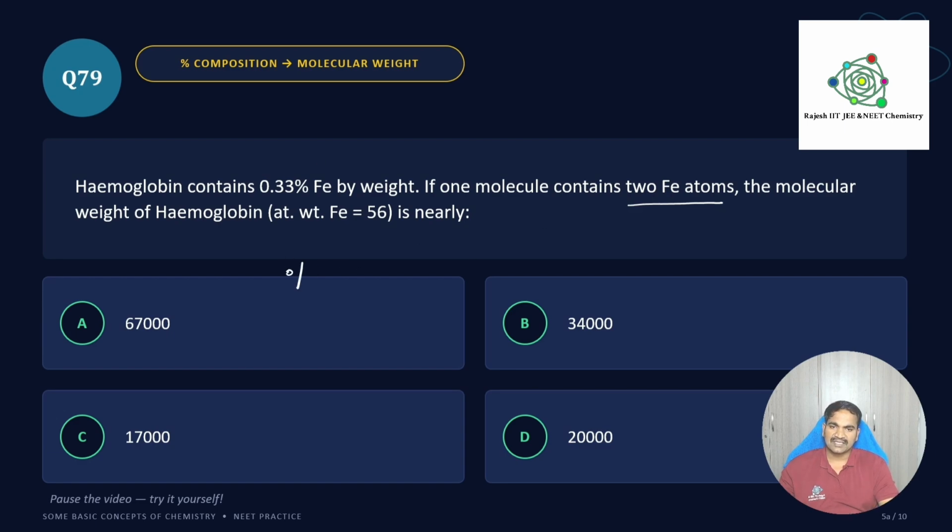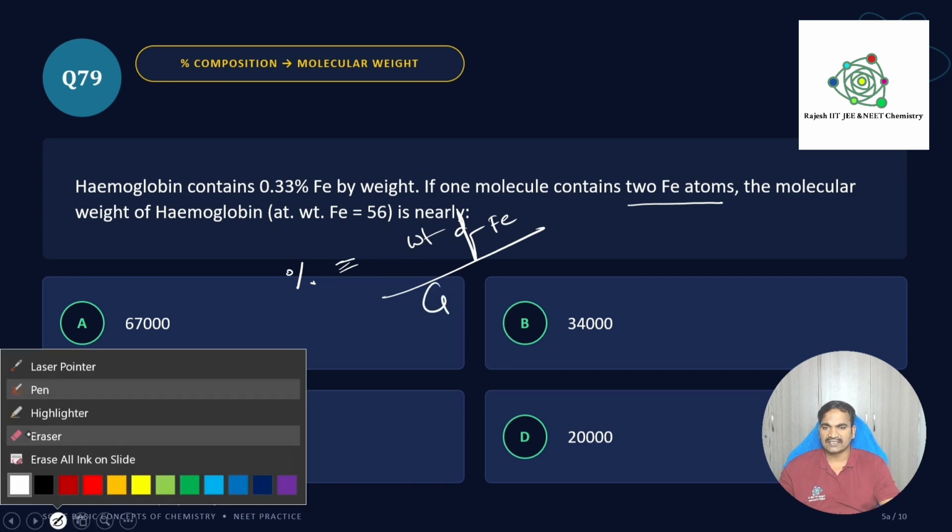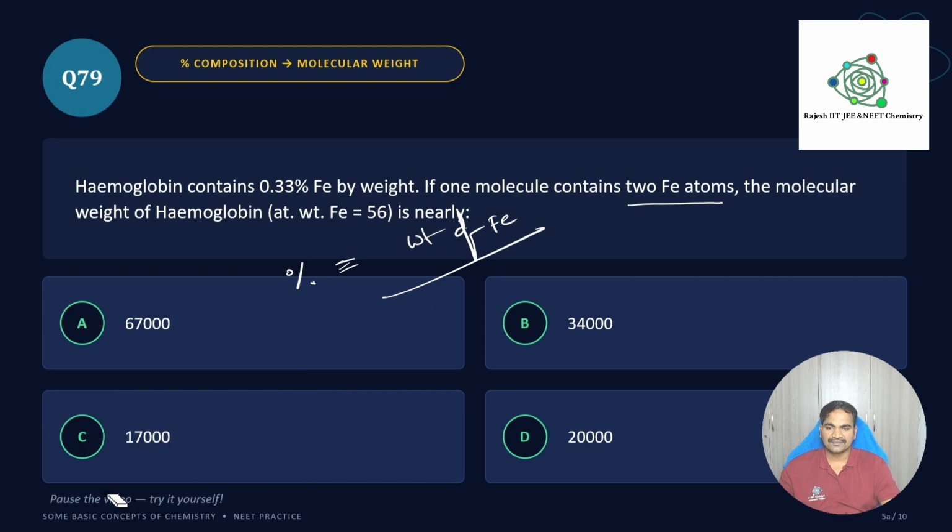You take percentage is equal to weight of the element, here Fe, and molecular weight of the compound. So same formula you use.